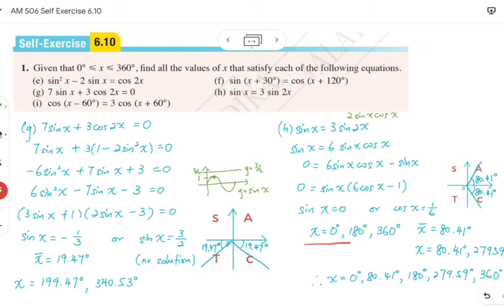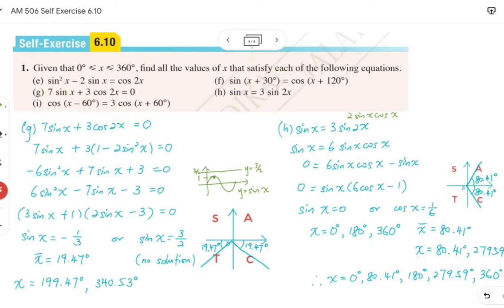We'll get x equals to 0 degree, 180 degree, and 360 degree. For the 6 cosine x minus 1 equals to 0, cosine x will be 1 over 6. And the reference angle will be 80.41 degree. So reference angle will put in the quadrant 1 and quadrant 4 because cosine x is positive 1 over 6.